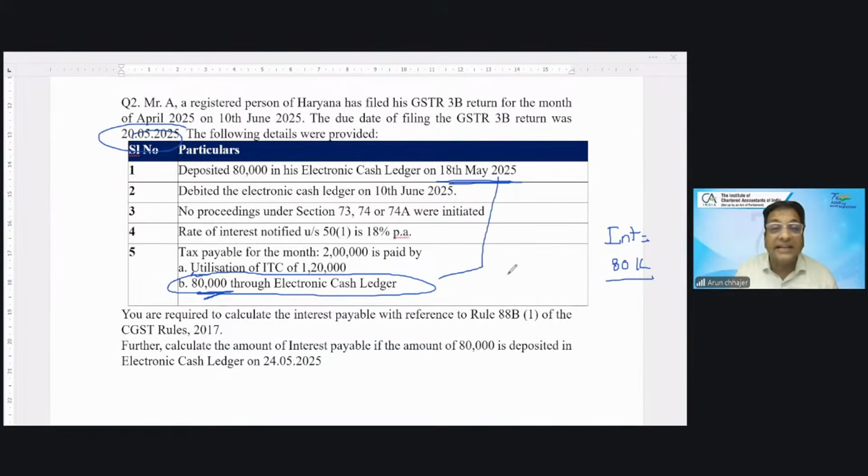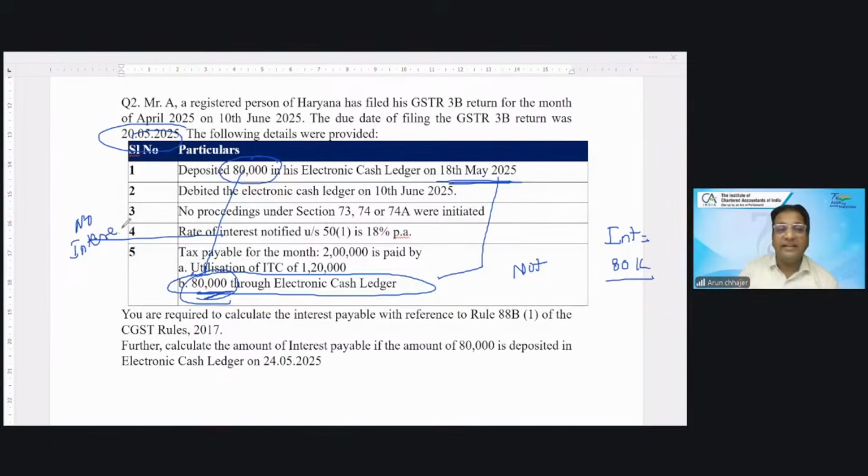To that extent, interest would not be applicable. How much amount has been deposited in the cash ledger? 80,000. And the 80,000 was debited in the return after the due date. So in this case, there will be no interest.